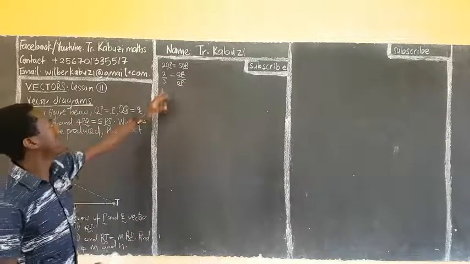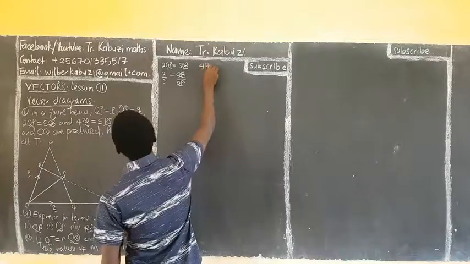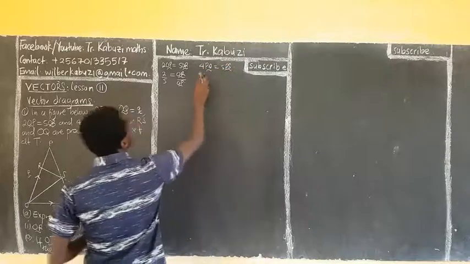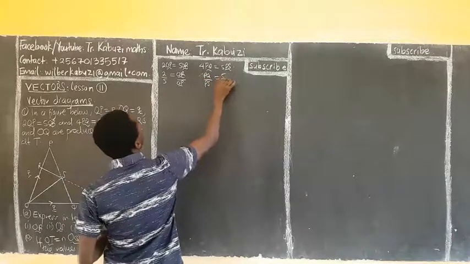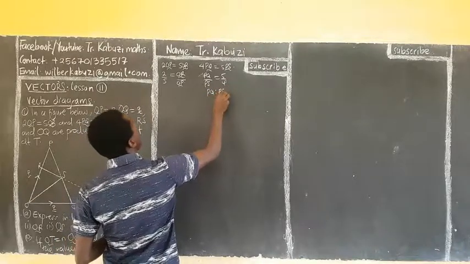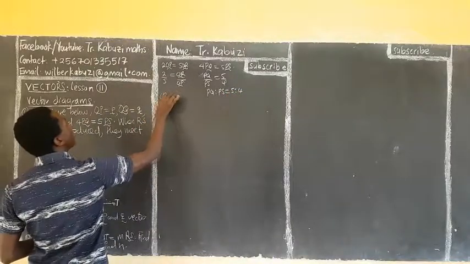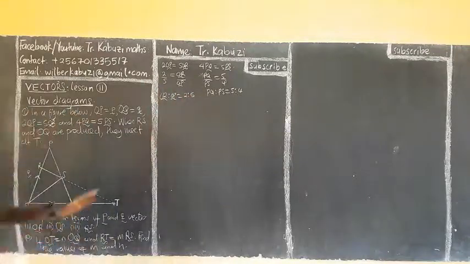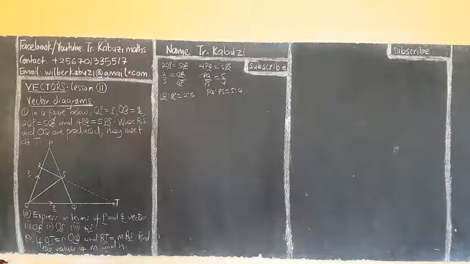So the ratio for OR to OP is 2 to 5. Then for 4PQ is equal to 5PS, we separate: PQ over PS equals 5 over 4. Meaning PQ to PS is 5 to 4. So that's what you start by: separating them in that order.